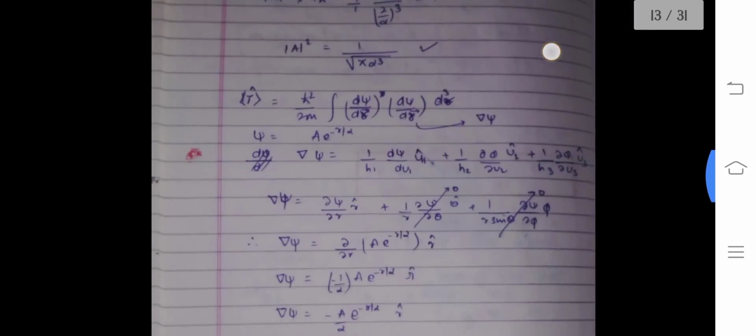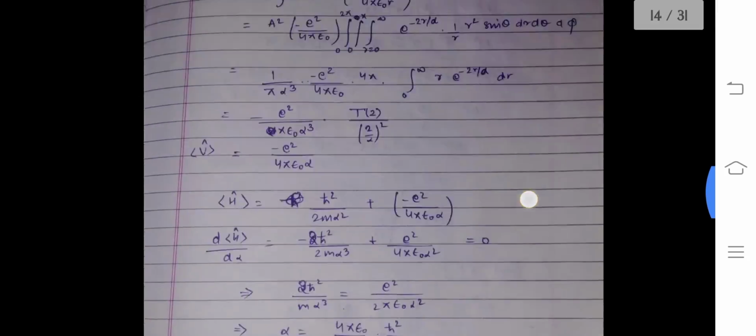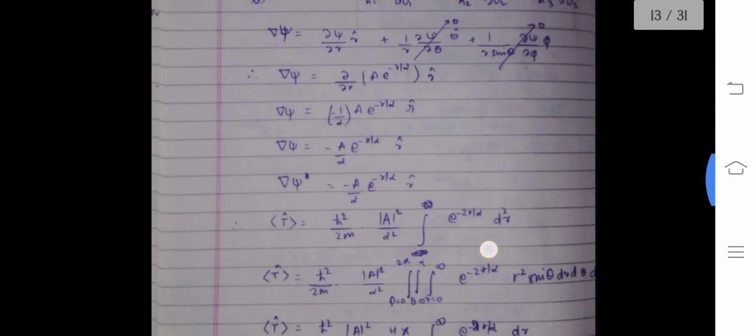Now looking at the other options, me squared will not be the correct answer, because if you remember the usual ground state energy which we get by solving the Schrodinger equation, me^4 comes out. So options A and D could be correct, but on solving, option A would be the correct answer.